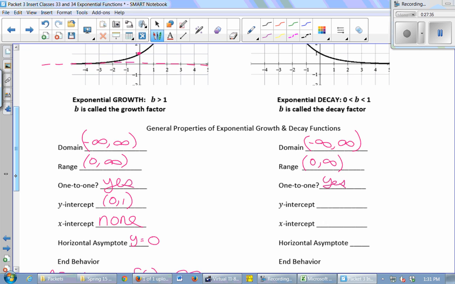Y-intercept of this graph? Also (0, 1). And the x-intercept? None. It never touches the x-axis. It has a horizontal asymptote, also the x-axis, y equals 0. And the end behavior is just the reverse of what it was for growth, right? As we go all the way to the right, the y values are approaching 0. And as the x values go to the left, the y values go to infinity.